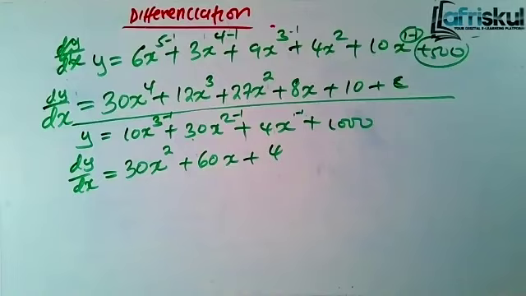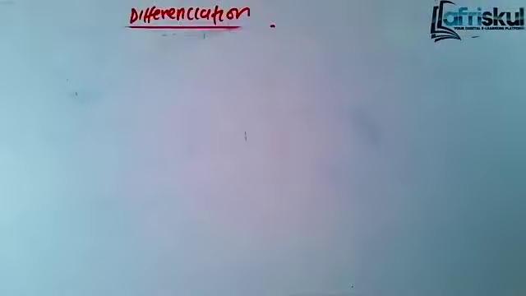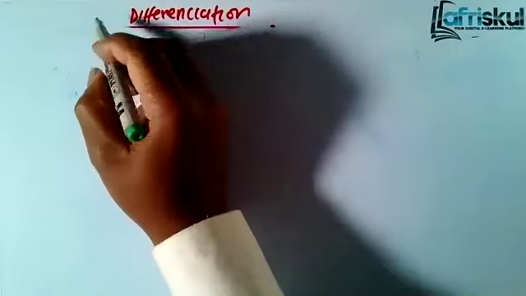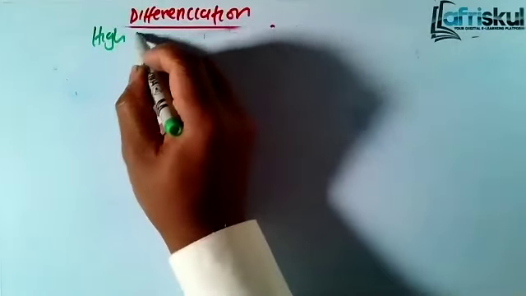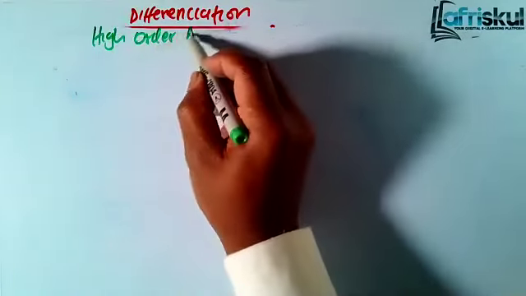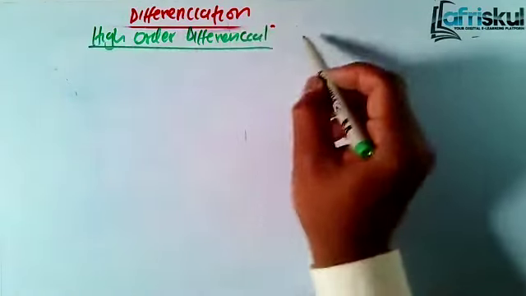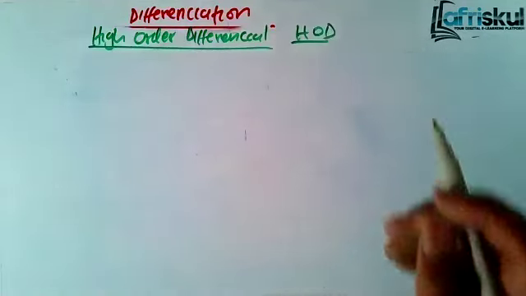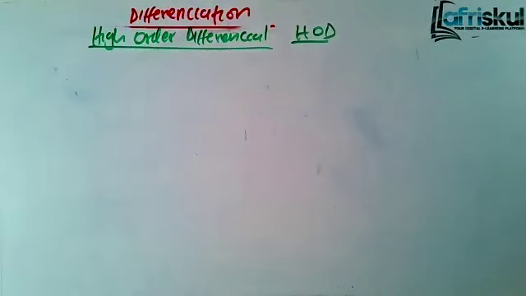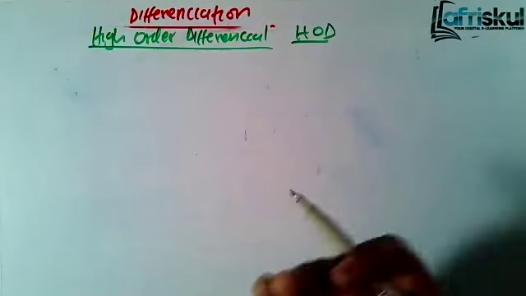Then under differentiation, we have what we call the high order differential. The high order differential is usually used when you are getting what we call the turning point. The high order differentials, the HODs, are used to determine the number of times a function can be differentiated.